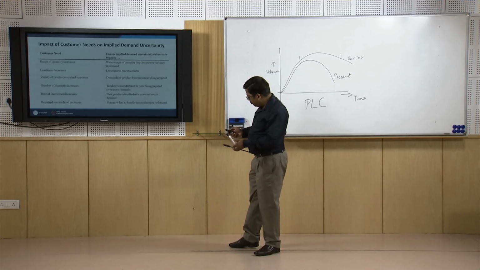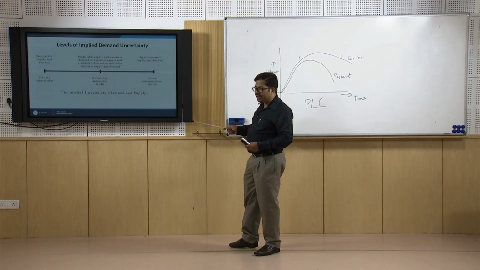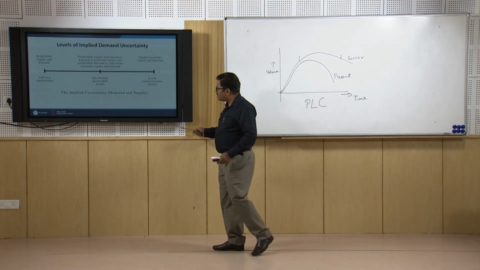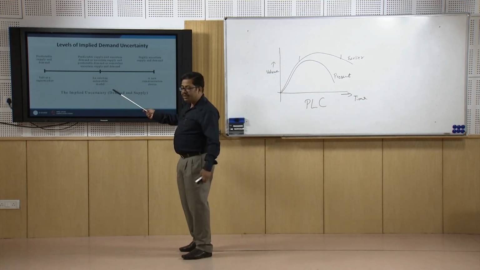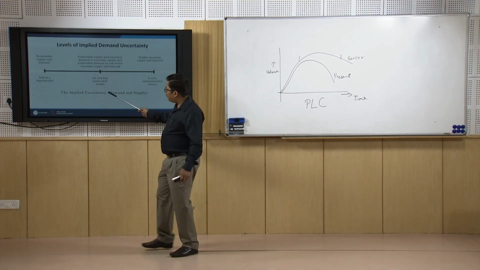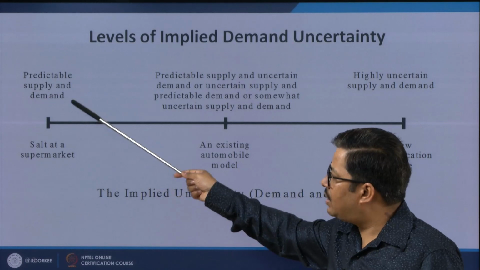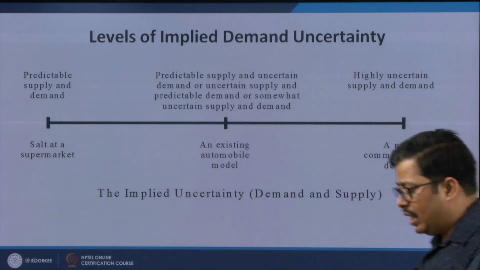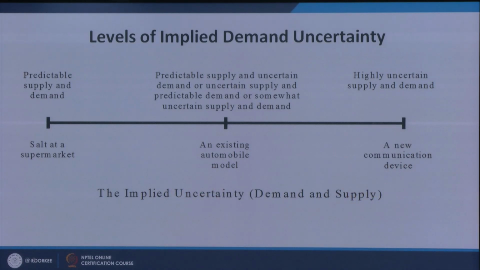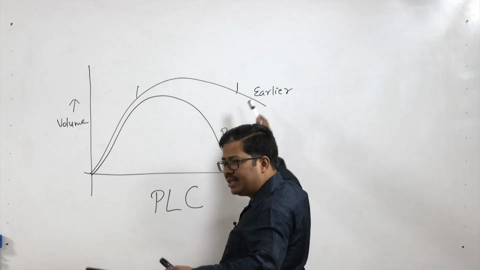So, now moving further into this, because of this implied demand uncertainty, you can understand from the spectrum of implied demand uncertainty that on this side you have a very predictable supply and demand, and this is like my earlier PLC, the previous PLCs.